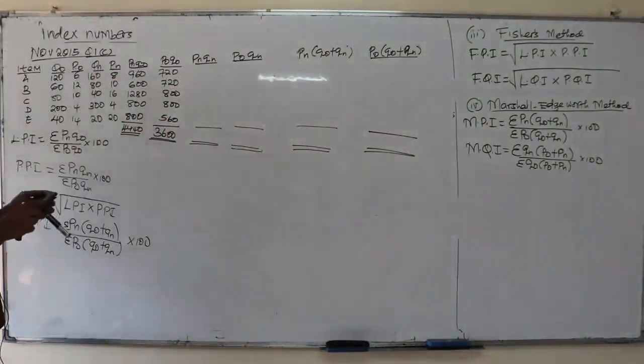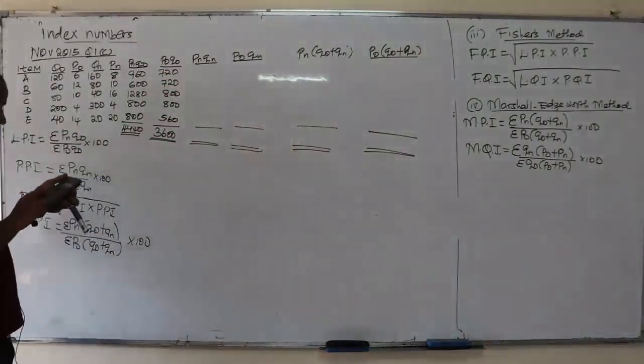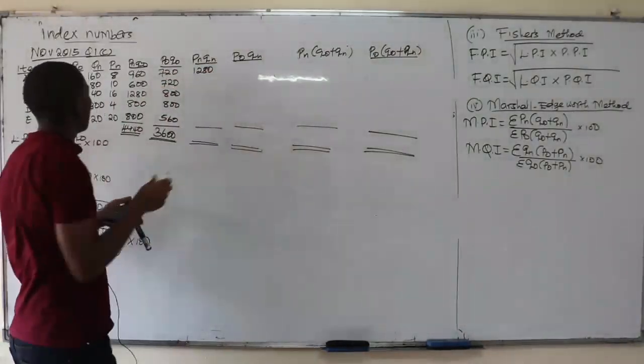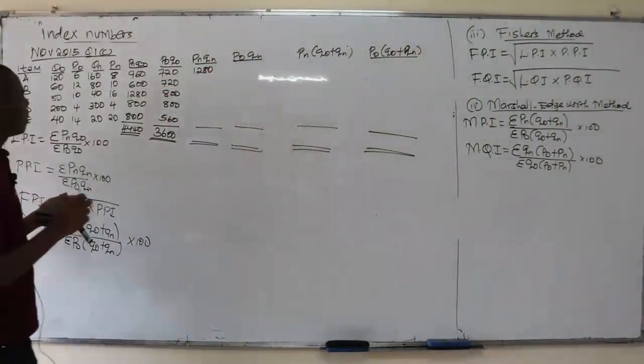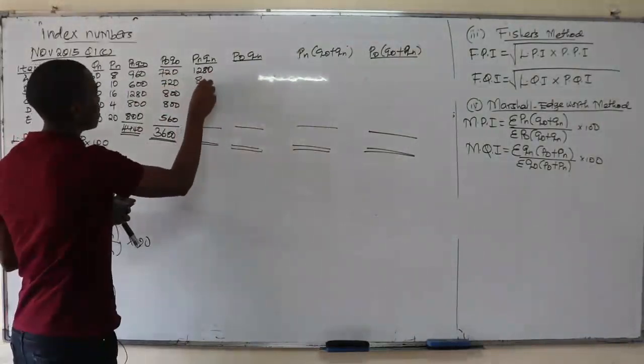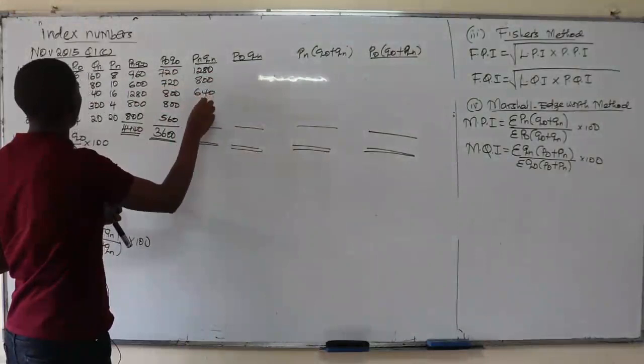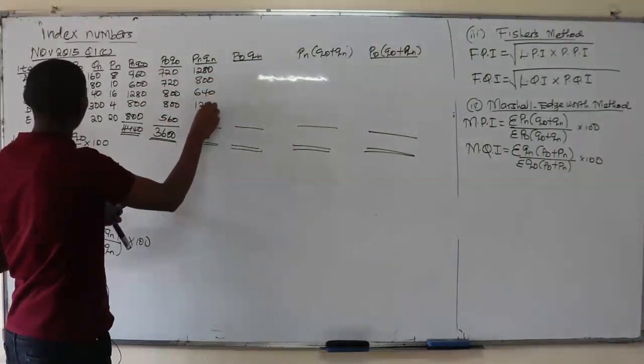PnQn. So it is 160 multiplied by 8, which in that case is 1280. 80 multiplied by 10, 800. This is 640. This is 1200.